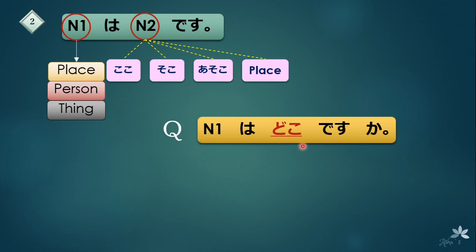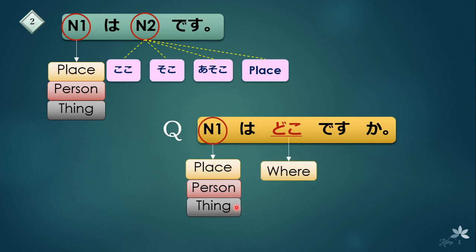It's an interrogative for place. So it means where. Now in this question, N1 can be a place, person or a thing, and doko is where. For answering such questions, we will be using this pattern here.